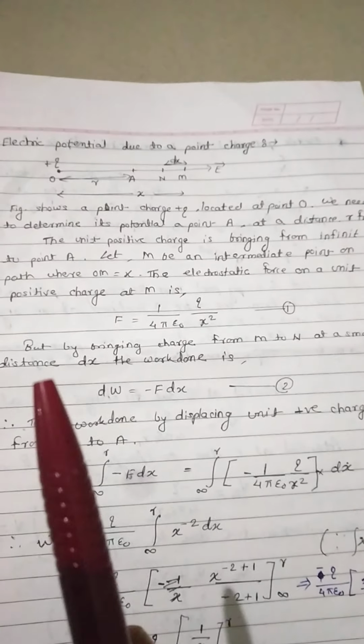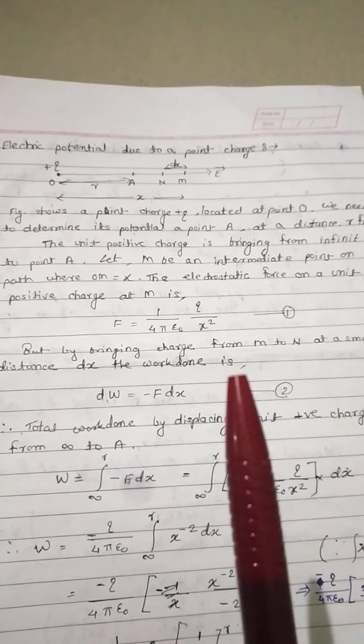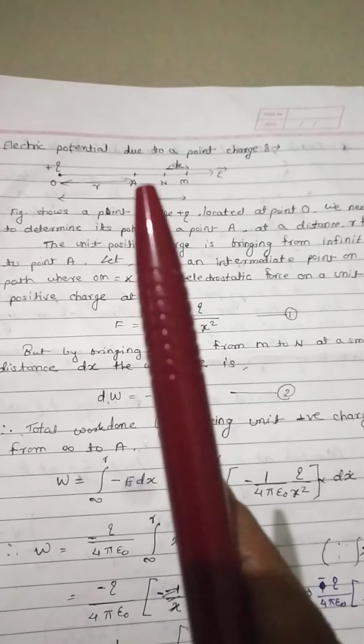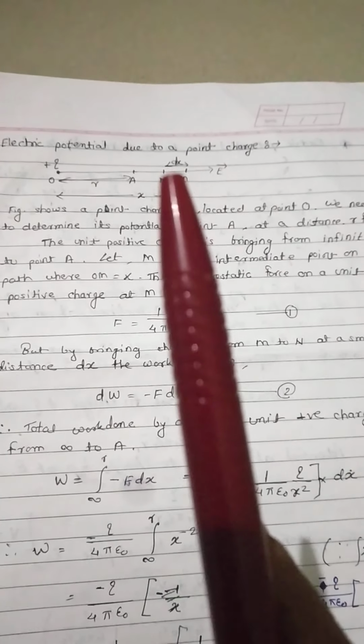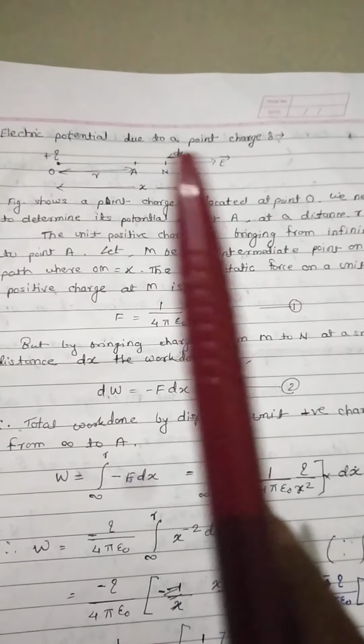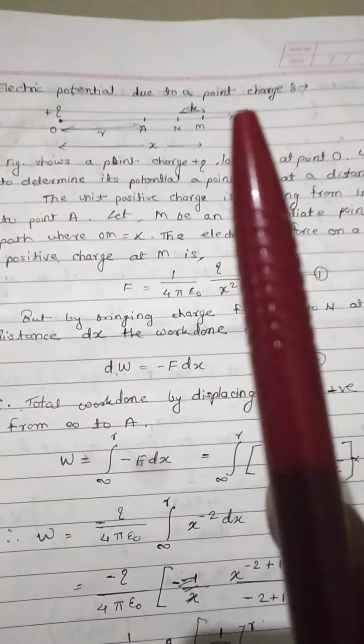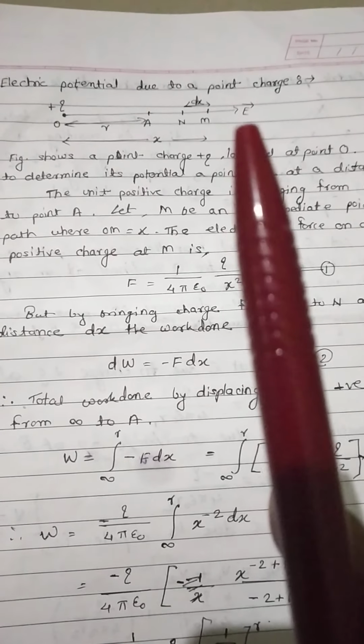By bringing the charge from M to N through a small distance dx, the work done is as follows. When the test charge moves from M to N, work is done against the direction of the electric field intensity.